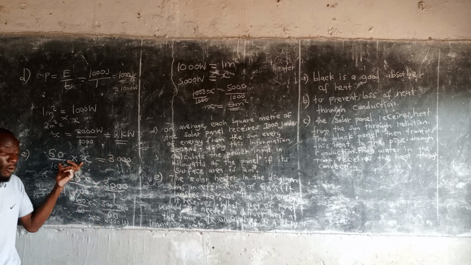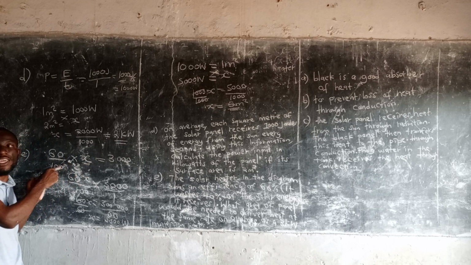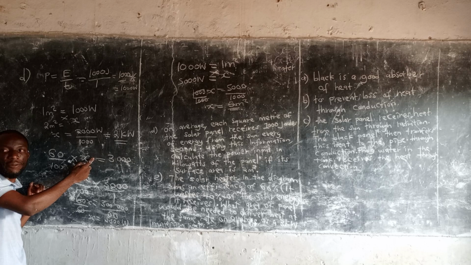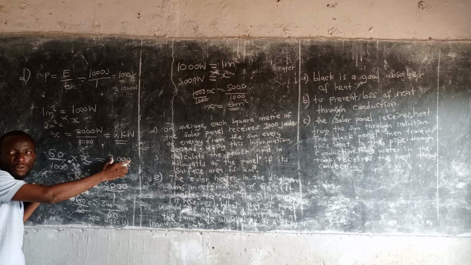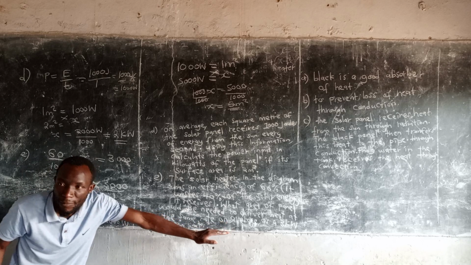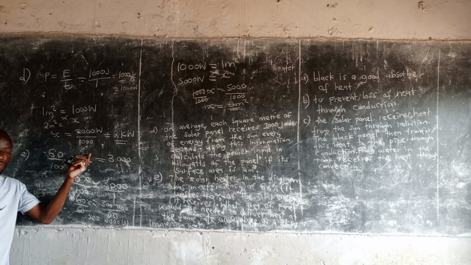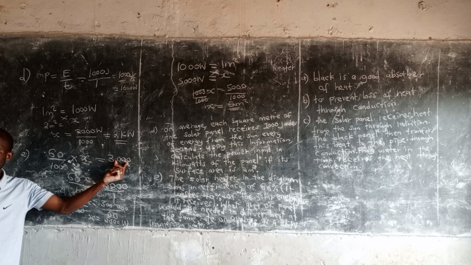The solar panel, we don't know how much it is producing. All we know is that 60% is what we are using. So 60% of whatever we are producing is supposed to be equal to the immersion heater, because they are supposed to work at the same rate. Are we together? So 60% of whatever we are producing is supposed to be equal to 3,000 watts. Yes.